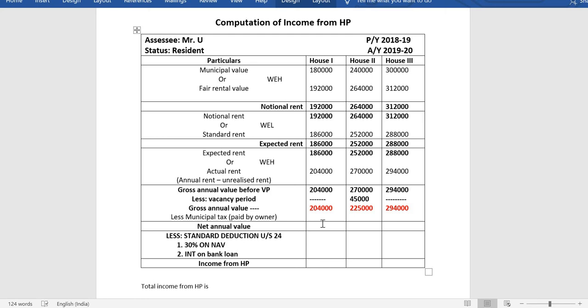In that you need to minus the municipal tax of 10% paid by the owner. Now, 10% of 2,04,000 is how much? 20,400. Then 10% of 2,25,000 is 22,500.